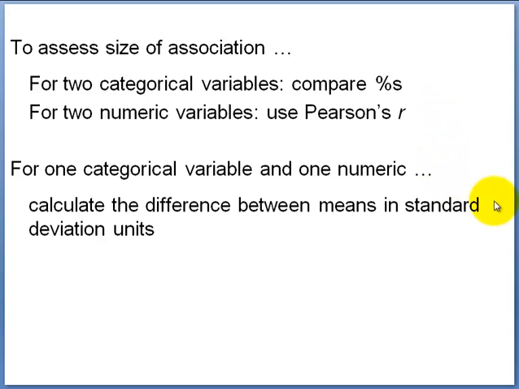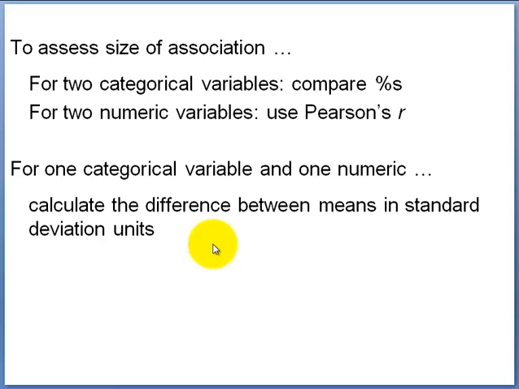So in our final combination, we're looking now at one categorical variable and one numeric variable. And in particular, standardized mean difference is going to be used for a dichotomous, two-category categorical.